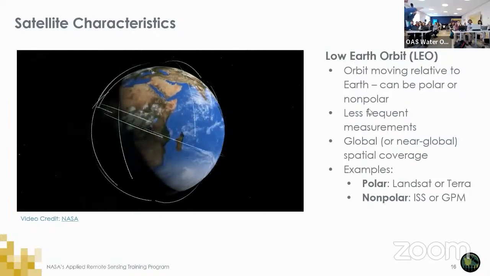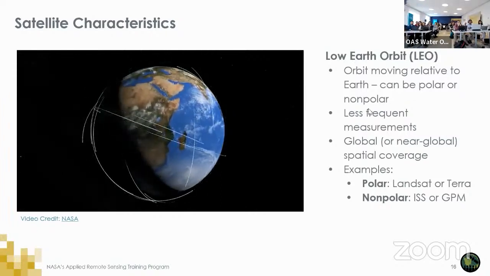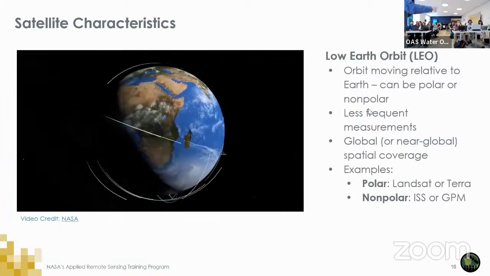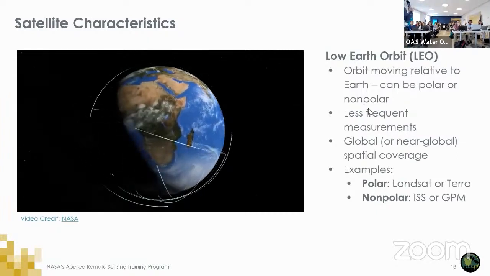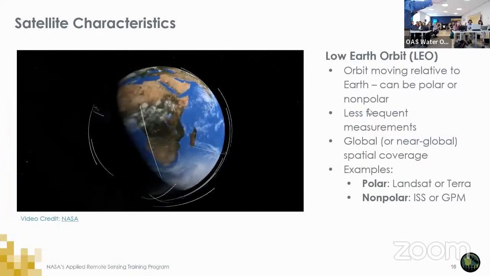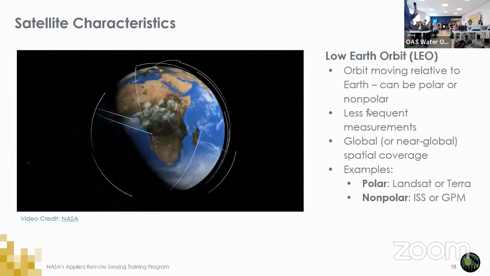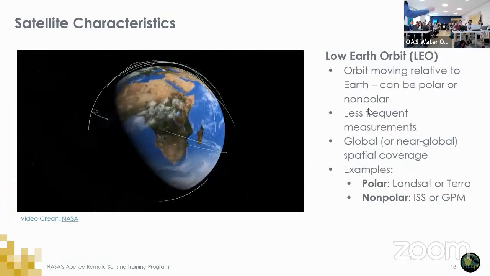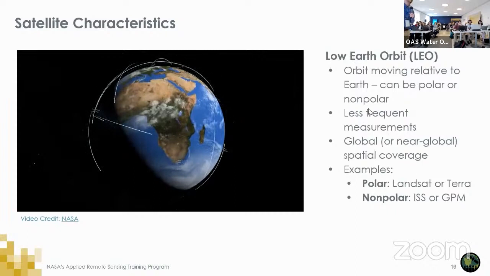So even though the extent or the swath of the area that you're collecting might not be as big, because they're constantly in orbit collecting, depending on the spacecraft, you can have global observations every day, or in some cases it might take up to 2 weeks.